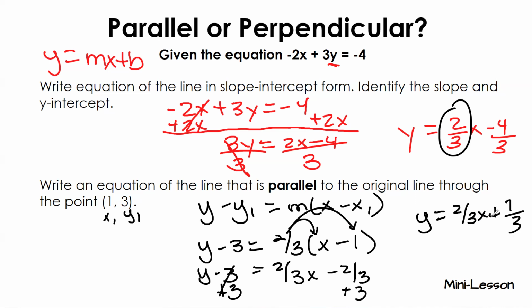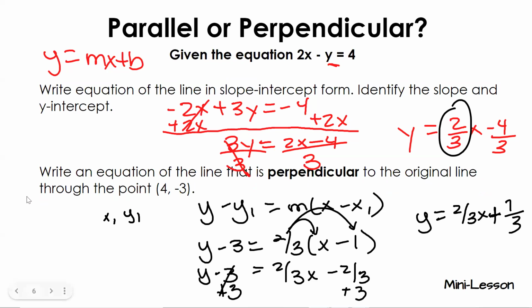Most of the time it's going to be written like this, as an improper fraction, but you could write it as a mixed number if you want to. Questions on that? They will give you the point slope form, but you got to know what to do with it.